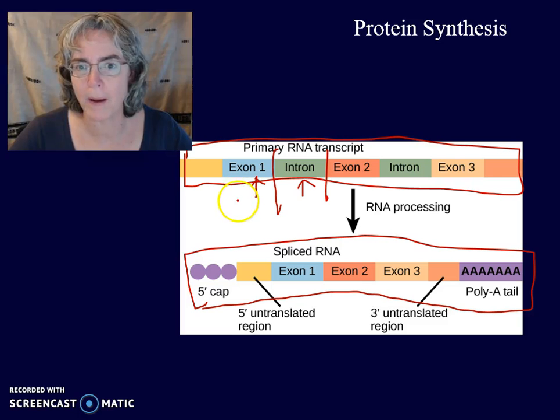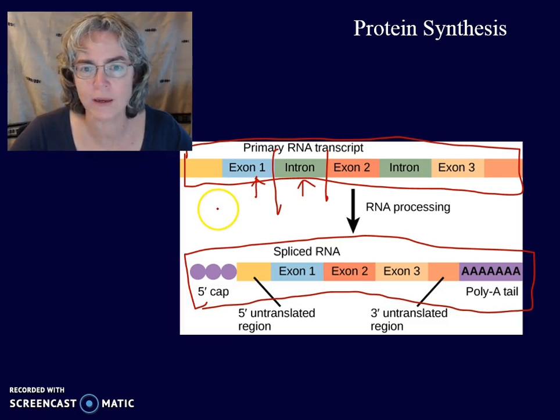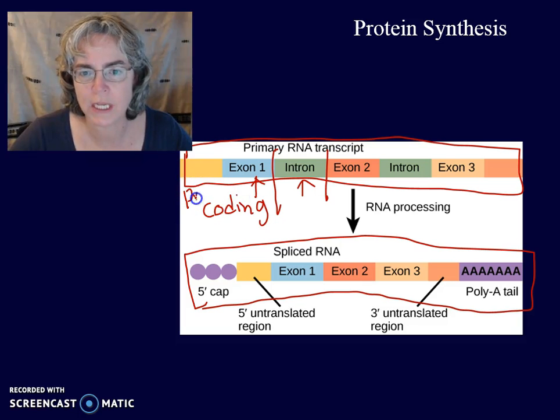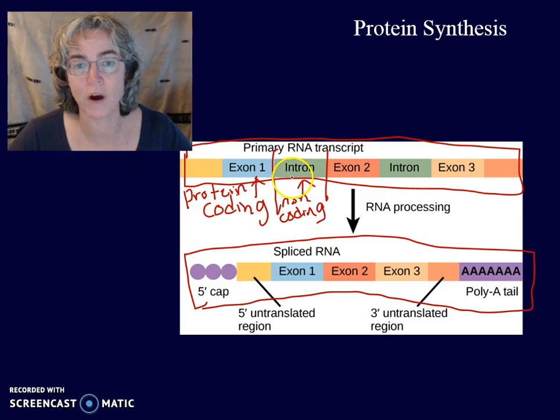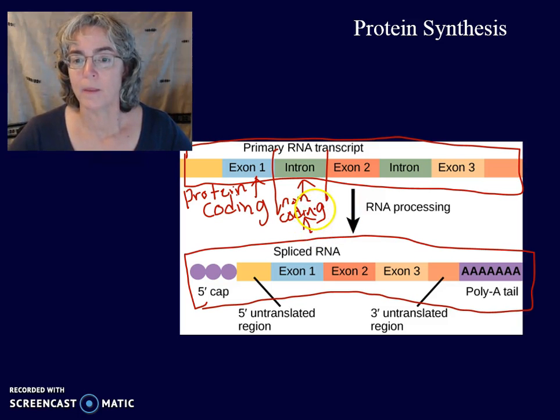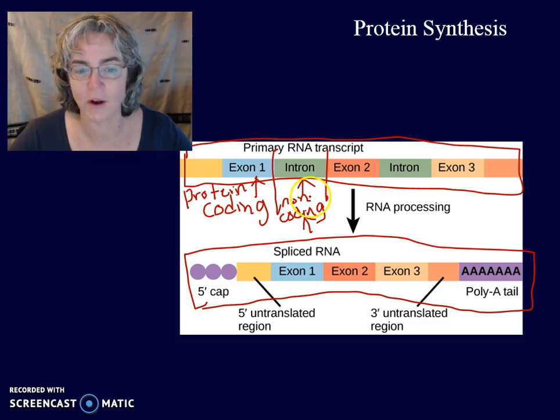Okay, so this is protein coding, and these introns are non-coding sequences of RNA. This is one of the examples of the non-coding sequences of DNA and RNA.